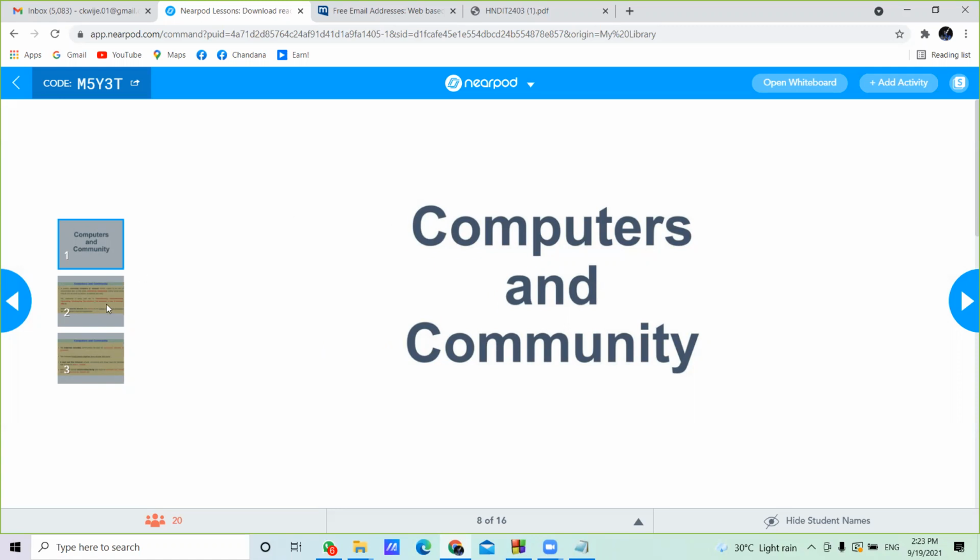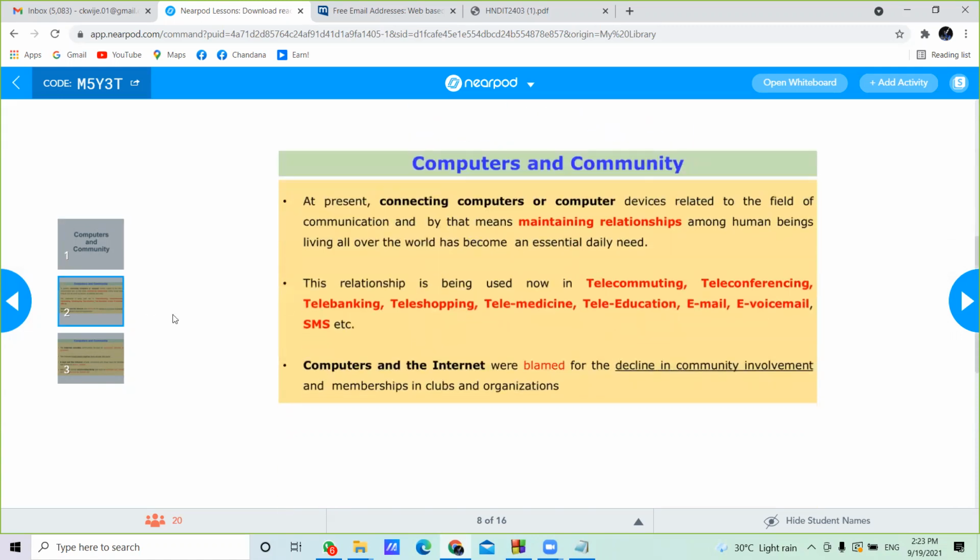Right, look at the slide here, computers and community. It shows these relationship types. Then there are some technologies used to develop these relationships: telecommuting, teleconferencing, telebanking.